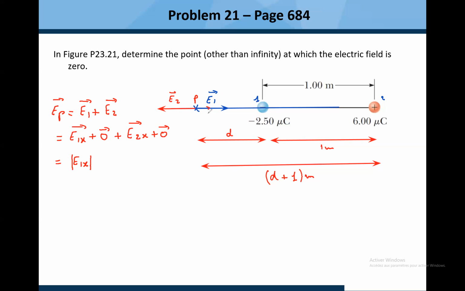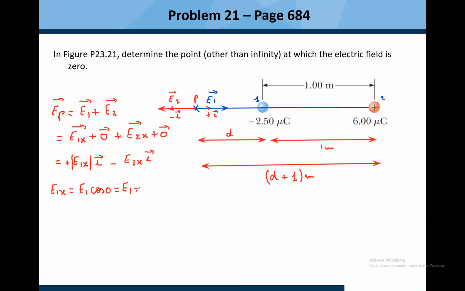E1x is in the positive i direction, plus E2x, which is in the negative i direction, so it's equal to minus E2x i. So E1x as magnitude equal E1 because it's equal E1 cosine 0 equal E1.